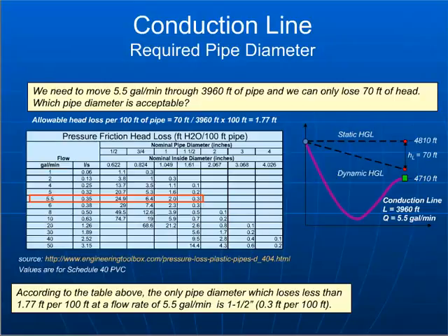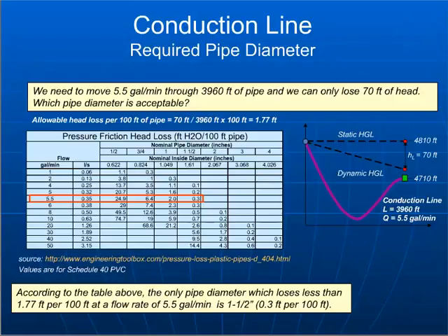And so that turns out to be 1.77 feet of head loss per 100 feet of pipe length in the horizontal. And so the number that we're looking for then is the nominal pipe diameter that gives us less than 1.77 feet of head loss at that flow of 5.5 gallons per minute.